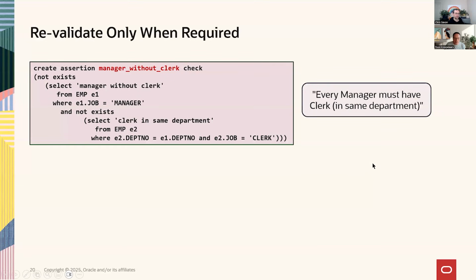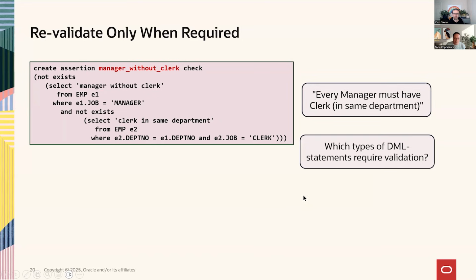I'm going to use this last example that I gave you earlier in the deck, where we mandate that every manager must have a clerk in the same department. So I cannot have a manager that doesn't have a clerk in the same department. Now, the first question I'm going to ask is, which type of DML statements would require validation?